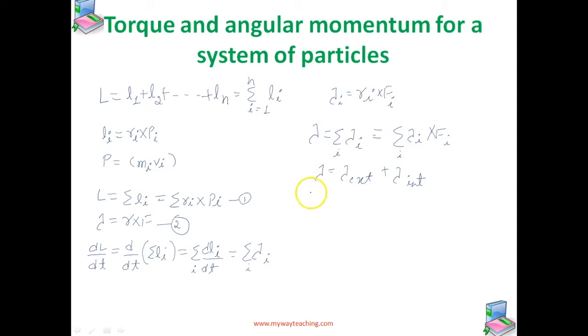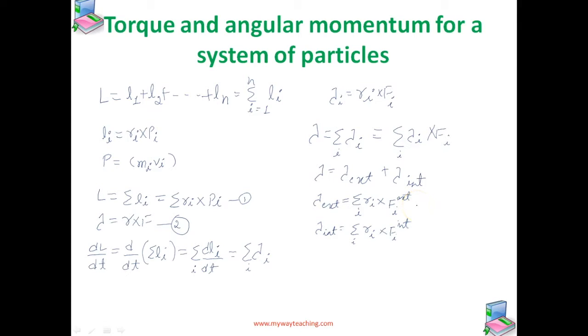And this torque external is given by sigma i is equal to Ri cross Fi external, and torque internal is given by sigma i is equal to sigma Ri cross Fi internal.